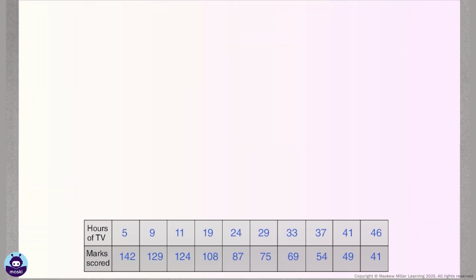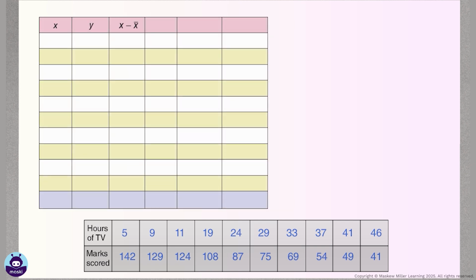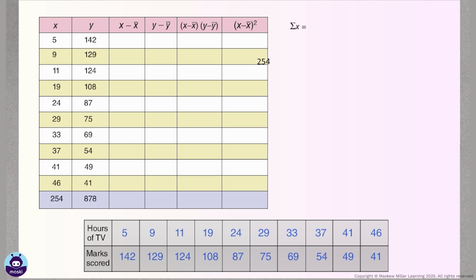Let us again calculate the equation of the line of best fit using this method. For the example that we considered earlier, that is, the marks scored and the number of hours per week spent watching television, we need to calculate the values of x minus x bar, y minus y bar, x minus x bar times y minus y bar, and x minus x bar the whole squared. First we calculate summation x is equal to 254 and summation y is equal to 878, giving us x bar is equal to 254 over 10 is equal to 25,4, and y bar is equal to 878 over 10 is equal to 87,8.